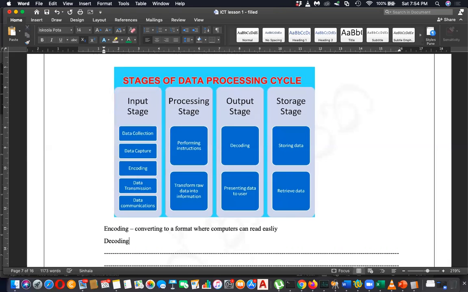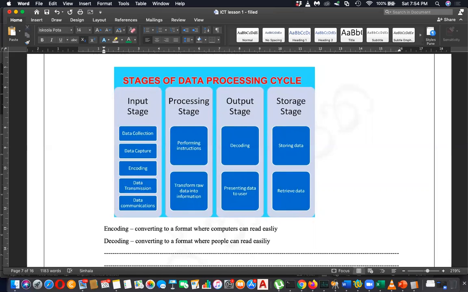Decoding: convert into the format where people can read easily. That is called decoding.